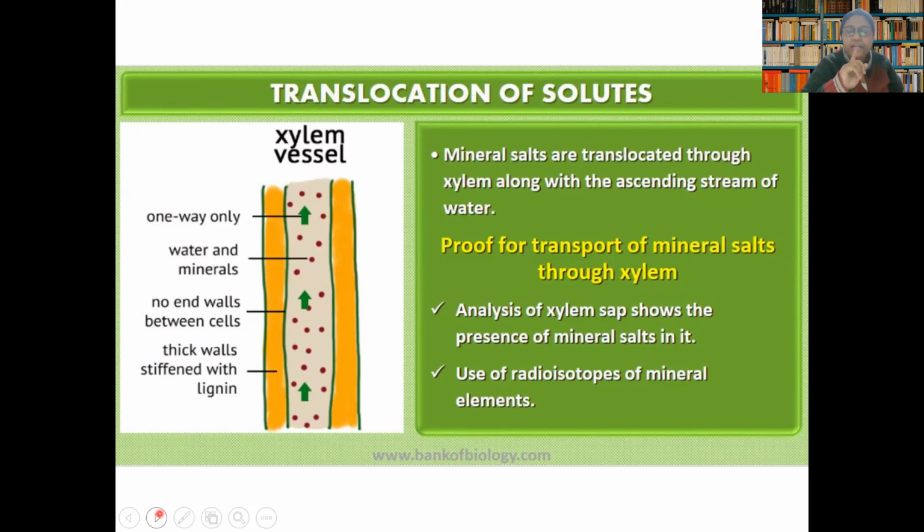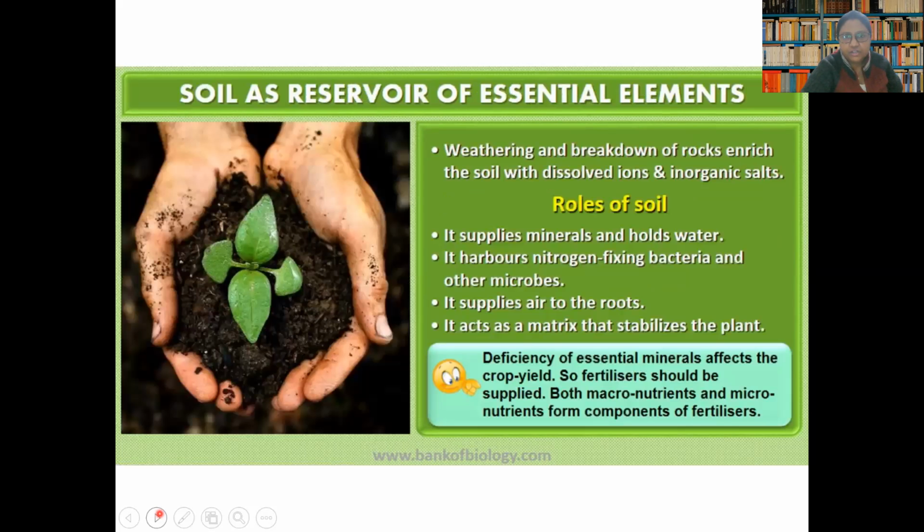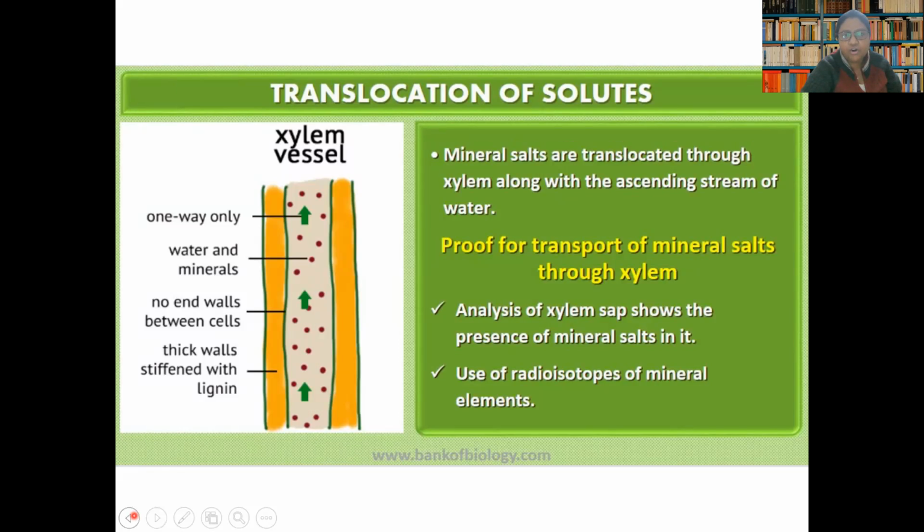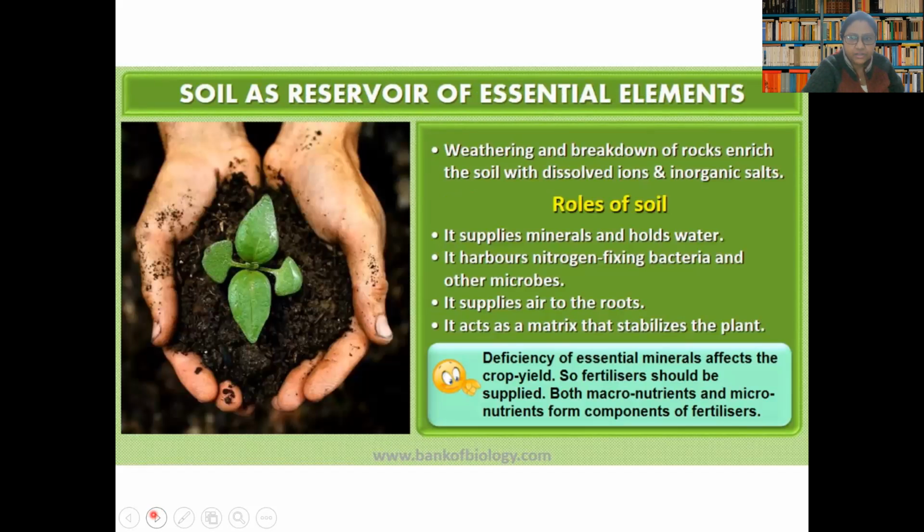But depending on mineral, if the mineral can be mobilized, then only it can be called off. But if it is part of the cell wall component of the old part or anything, and it cannot be mobilized, then we cannot do anything. So translocation of solutes does not occur from old to new part for every element.